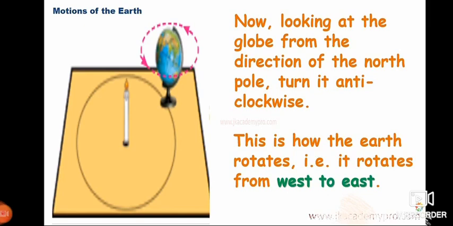Yes, so when you move the earth in the anti-clockwise direction, that time you will understand that that is the direction in which the earth rotates. So see, this is how the earth rotates, that is, it rotates from west to east. So students, rotation of the earth is from west to east direction.